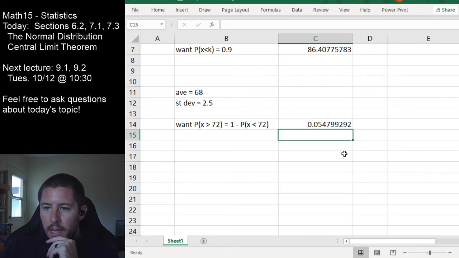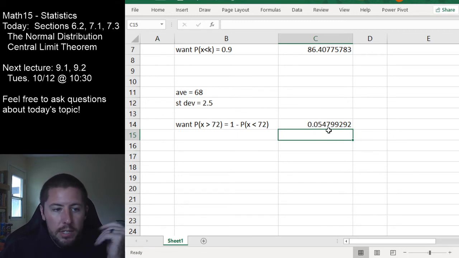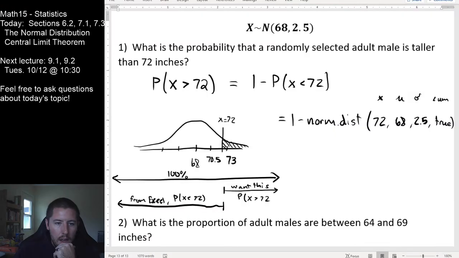But that still seems within the ballpark of my responses, right? I didn't get like 30%, and I didn't get like 0.02% or something wildly far off. So I'm seeing about 5.5%, 5.48% it looks like. 5.48% I think is a reasonable answer.